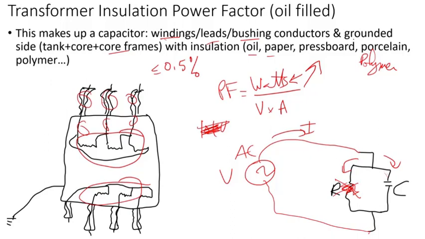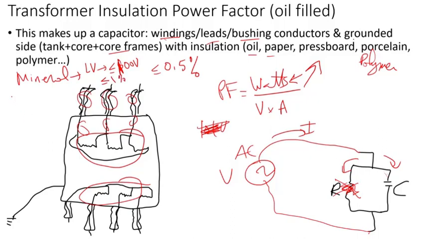So for distribution type transformers with mineral oil, and what I mean by that is pole mount, pad mount, where the low voltage, for instance, is less than, say, 600 volts or 800 volts, less than 1,000 volts, let's just make it very simple, it should typically be less than 1%.